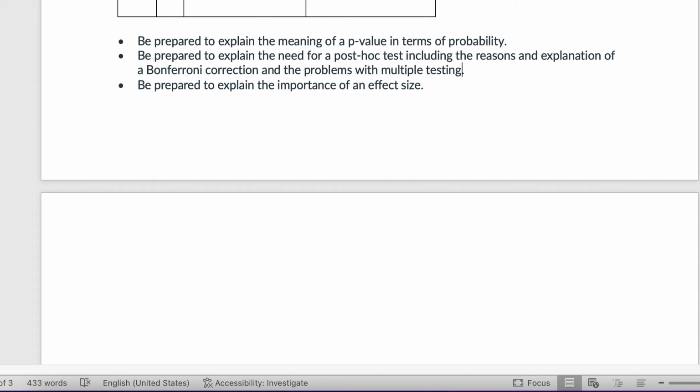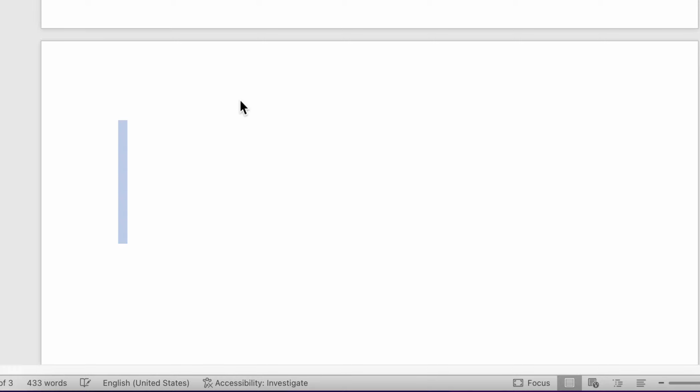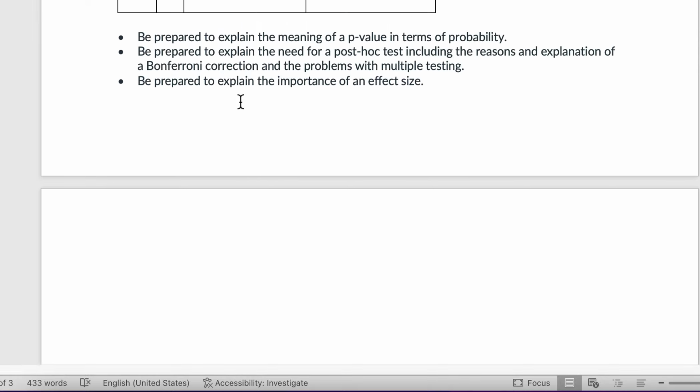You need to be prepared to talk about effect size. As we've discussed, in the process of hypothesis testing, you state your hypotheses, check your assumptions, and run your descriptive statistics to check those assumptions.